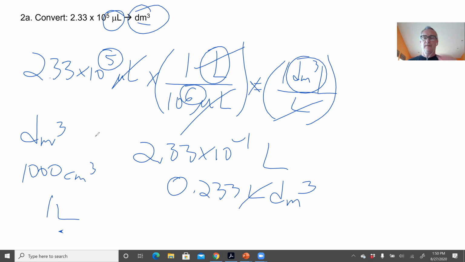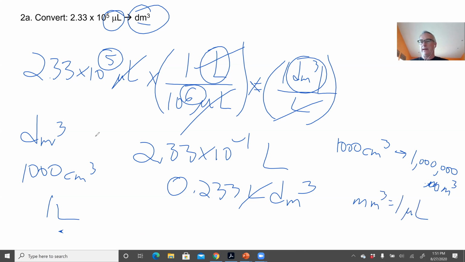If you just show me how you did that, you could also show that 1,000 cubic centimeters is the same as 1 million cubic millimeters. And a cubic millimeter is a microliter. Yeah, you could do it that way.